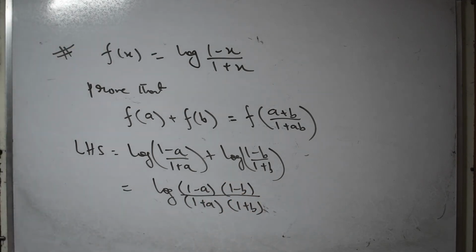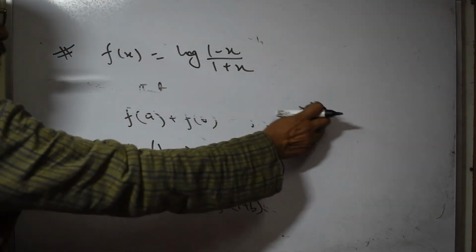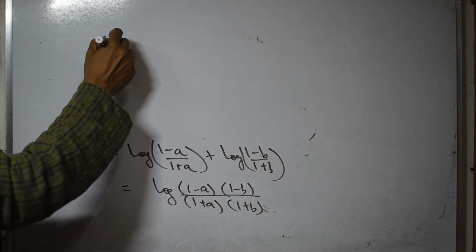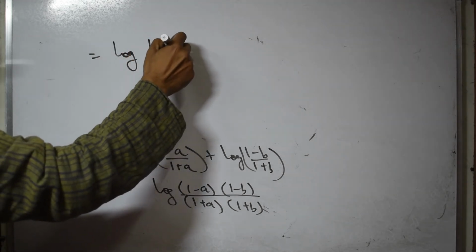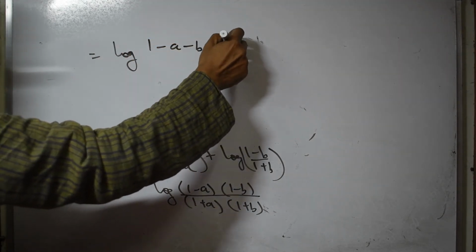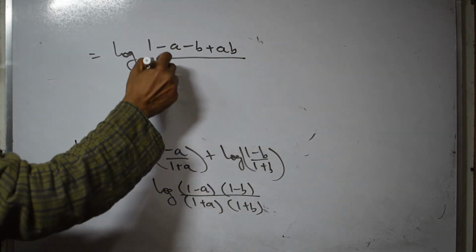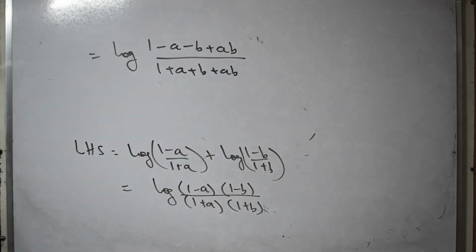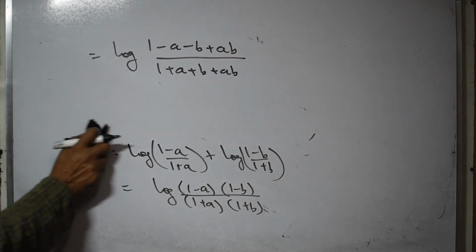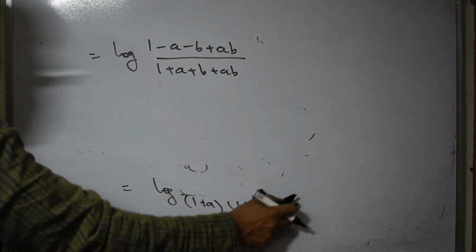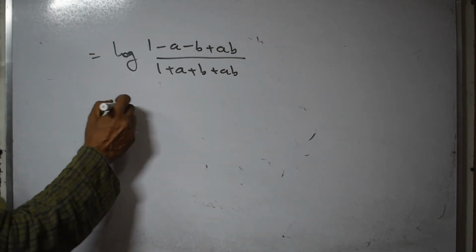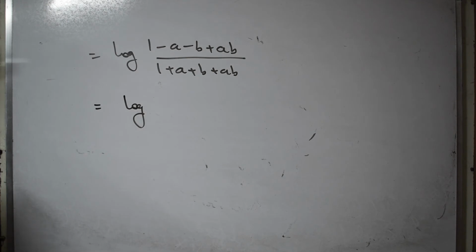So now we can multiply in the numerator and denominator. If I multiply the numerator and denominator, what we will find is log of 1 minus a minus b plus ab, and in the denominator 1 plus a plus b plus ab. Now when we are watching this expression carefully with the right hand side, in the right hand side we are finding this type of expression.